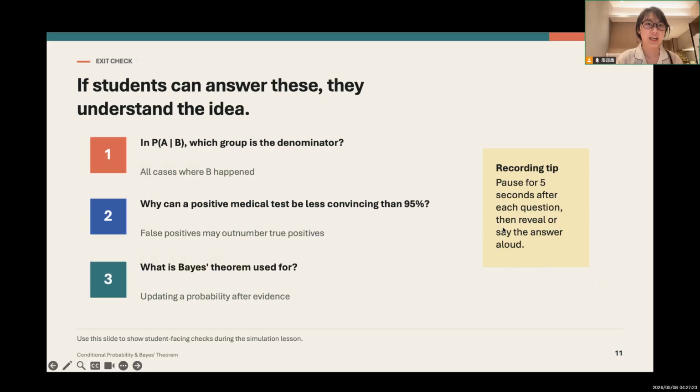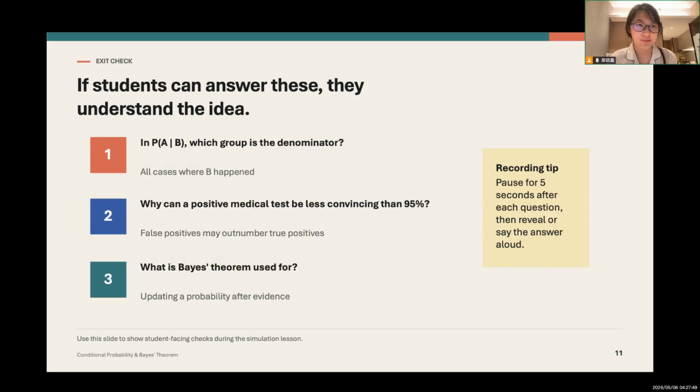So let us check the main ideas. There are 3 questions, and if you can answer these 3 questions, I think you understand the core idea of this lesson. The first question: in the formula for the probability of A given B, which group is the denominator? The answer is A, all cases where B happened.